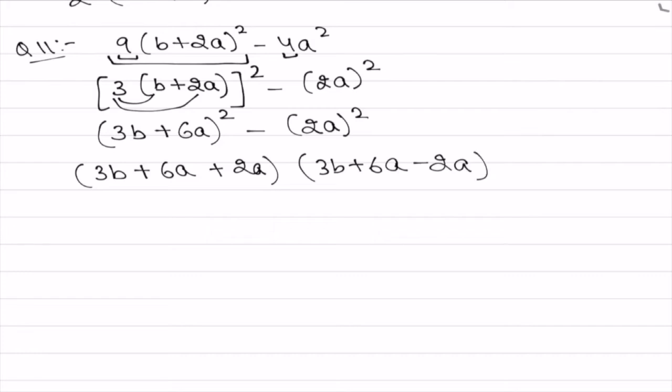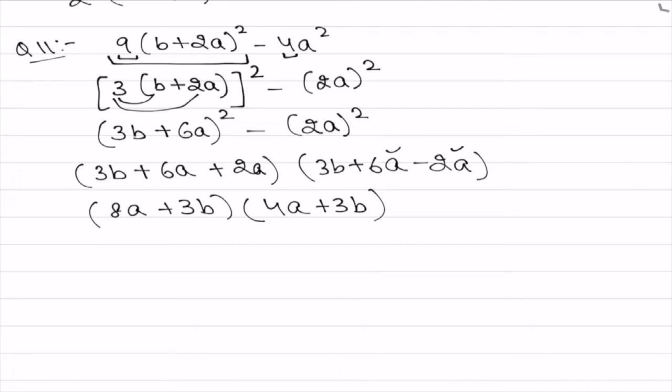Now we will add and subtract the like terms. So it becomes (8a plus 3b) into (4a plus 3b), since 6a minus 2a is 4a. So these two are the factors of the given expression.